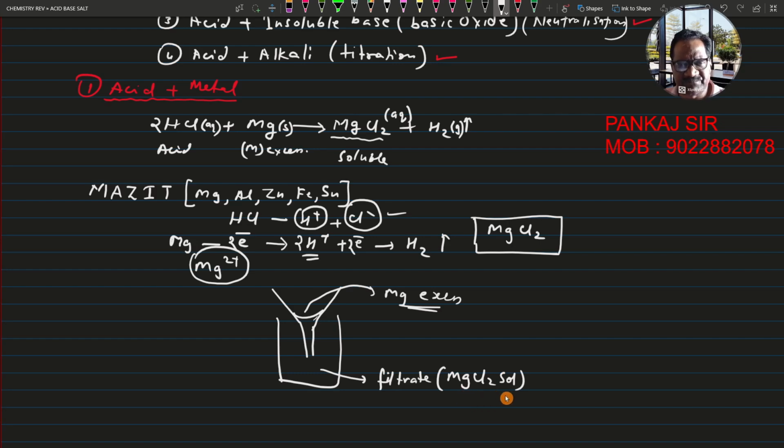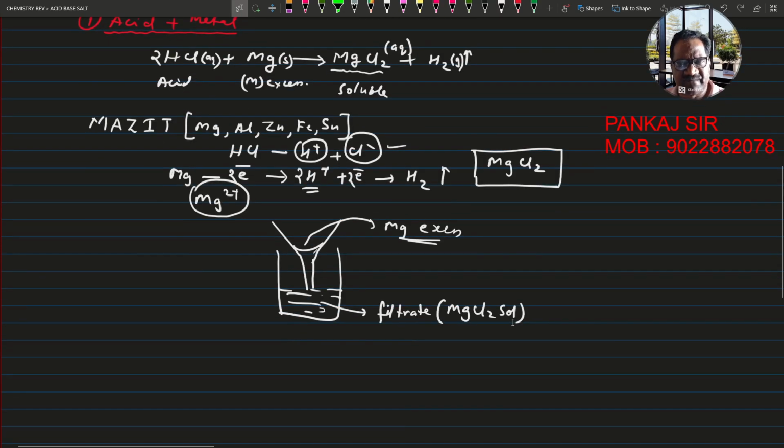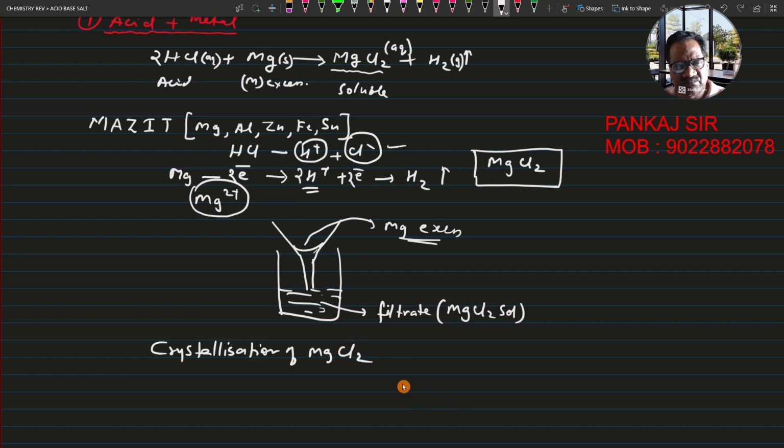This filtrate which you obtain after filtration consists of magnesium chloride solution. So the next step is you'll have to do crystallization of this magnesium chloride solution.